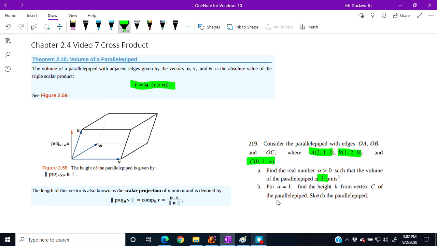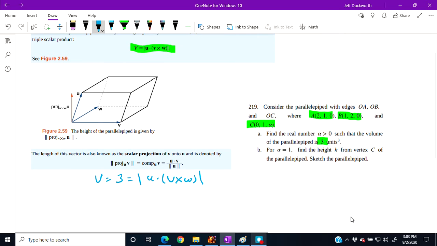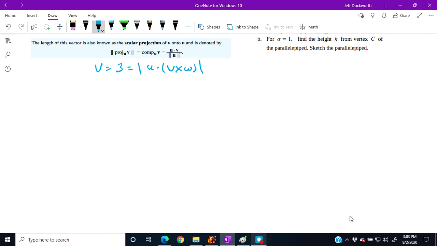Now, essentially, we're going to just use our formula and solve for that. So V, which in this case is equal to 3, is equal to the absolute value of u dot v cross w. So we're using the formula from above there. All right, this is a triple scalar product, so we can use our matrix determinant for it.